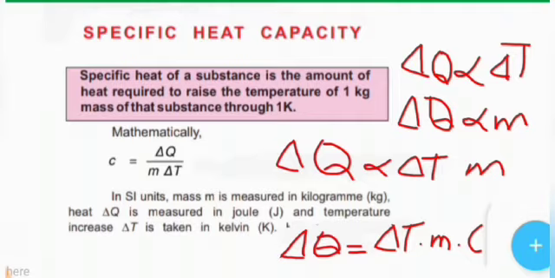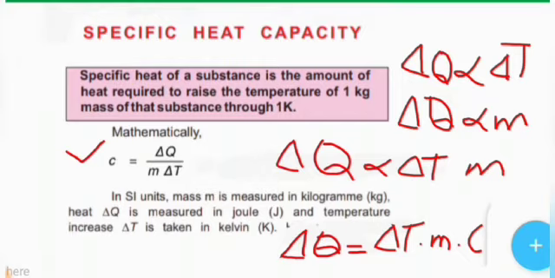So when we rearrange this formula in the form of specific heat capacity C, it will become C equals delta Q divided by m delta T. So students, from this we can define that specific heat of a substance is the amount of heat that is required to raise the temperature of 1 kilogram of mass of that substance through 1 Kelvin.